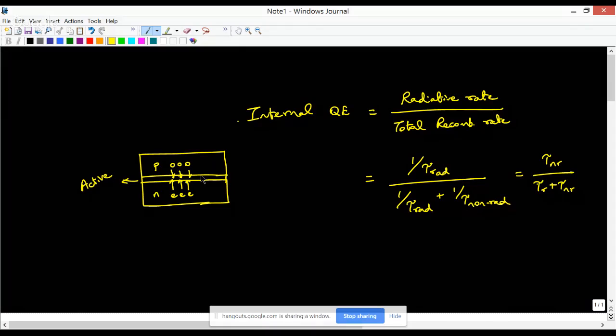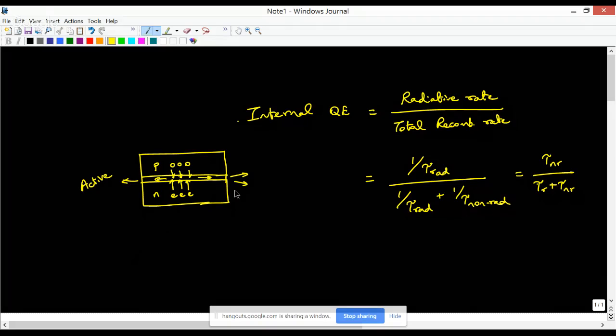So they are confined within that material, and under that confined condition there is a large probability that the recombination will happen. And once that recombination happens, the light is guided along this, and then the light comes out of the structure from that active region.